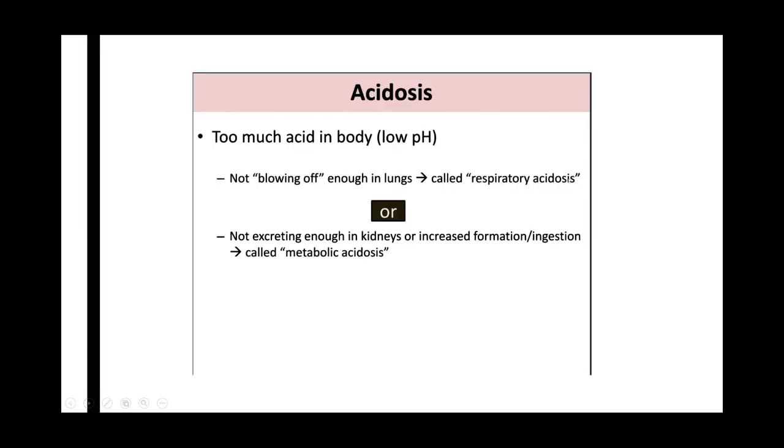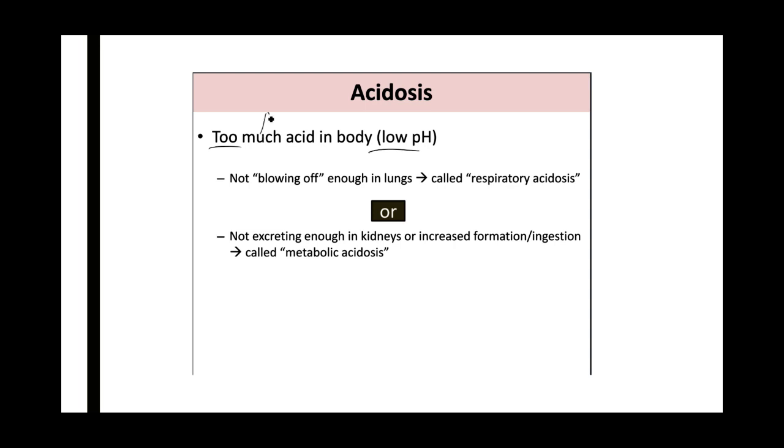And what happens in acidosis? As you can imagine from the name, too much acid in the body, which means low pH. Thanks to Henderson Hasselbalch, we have an inverse relationship because they decided to make it logarithmic.